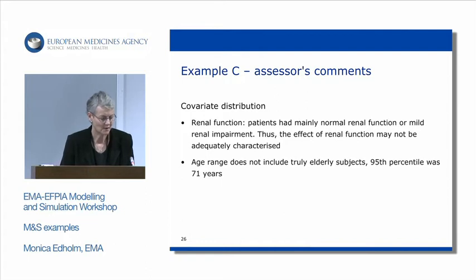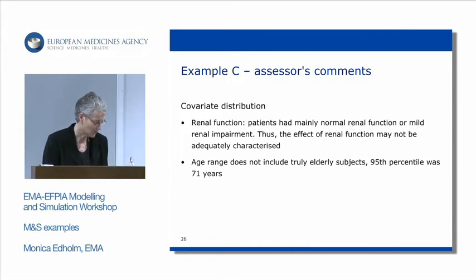And this assessor had concerns here because the covariate distribution was fairly limited. Regarding renal function, patients had mainly normal renal function or mild renal impairment.